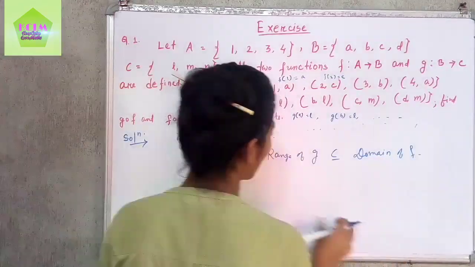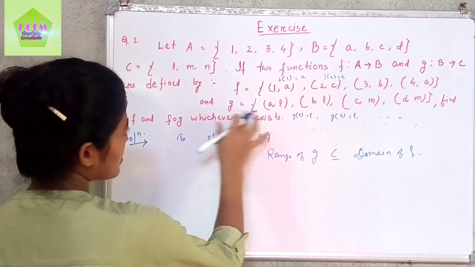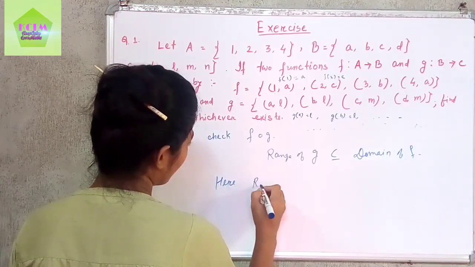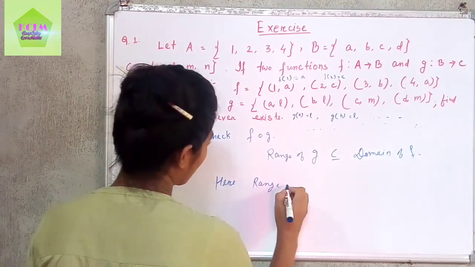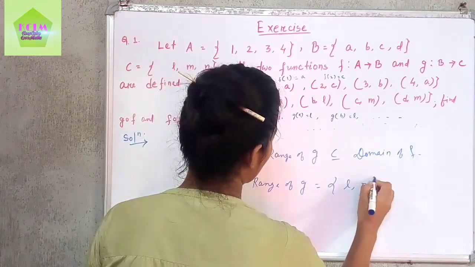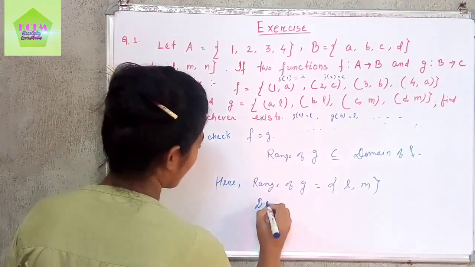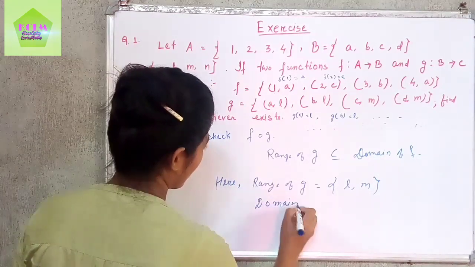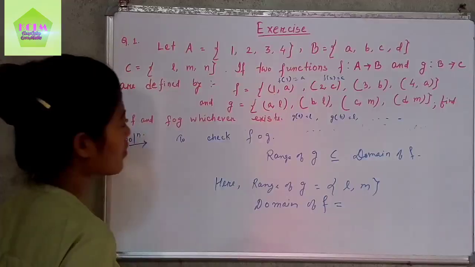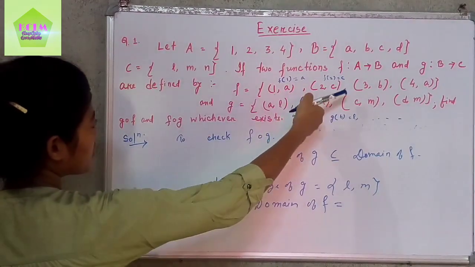Here the range of g is {L, M} and the domain of f is the set consisting of 1, 2, 3 and 4.